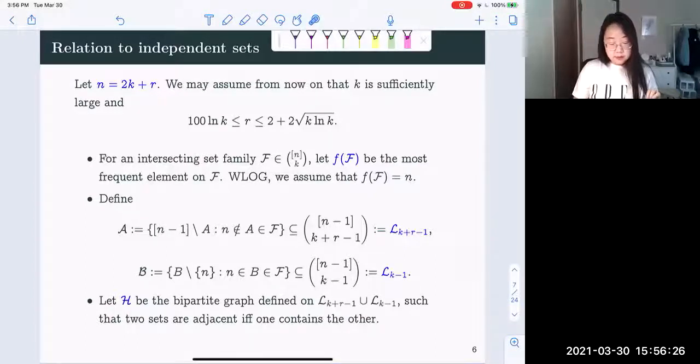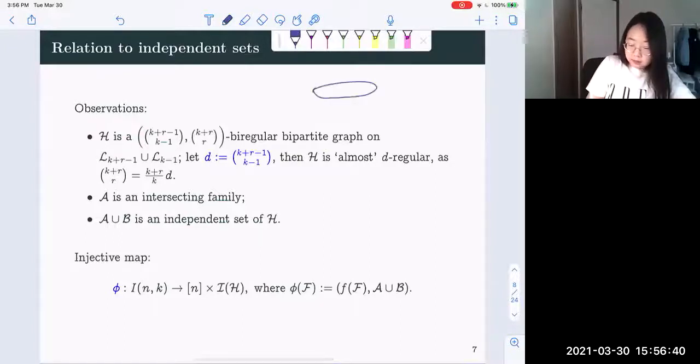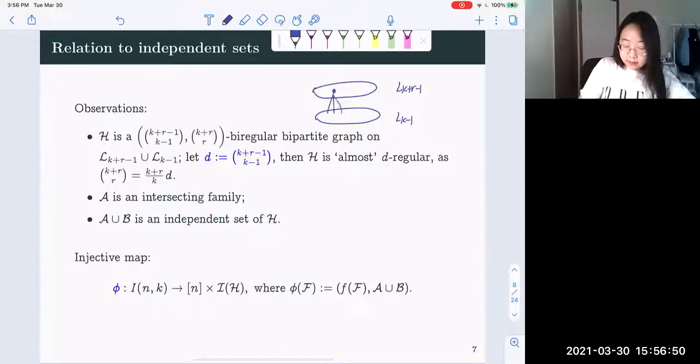Okay, so this is a very nice bipartite graph. Let's have some important observations. The first observation is that H is a biregular bipartite graph. By biregular, what I mean is, we have these 2 layers. For all the vertices on the top layer, the degree is exactly the first quantity, and for all the vertices in the bottom layer, the degree is exactly the second quantity.